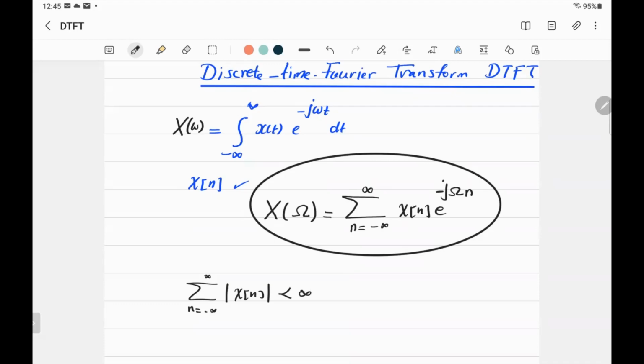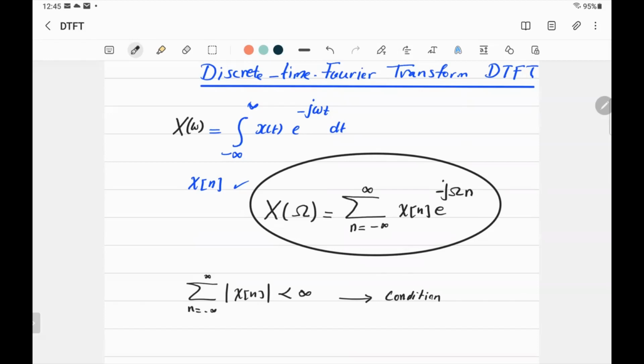If you add all of them and you get infinity, you cannot find this transform. It's the same condition as for the continuous case, where the integration is limited to a value less than infinity so that you can perform the transformation.